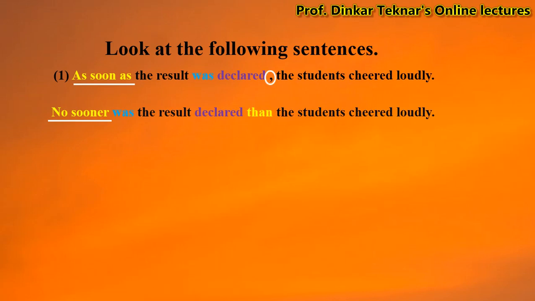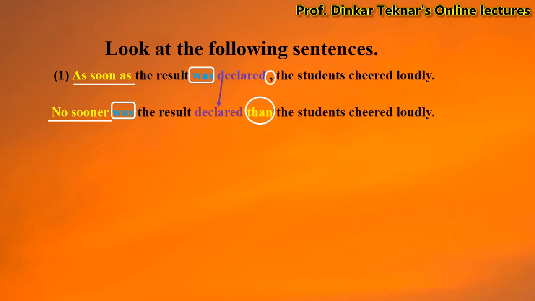Again, the first sentence has a comma to join two clauses, and the comma is replaced by than in the second sentence. The second sentence has was as an auxiliary verb because this was is given in the earlier sentence. So the main verb declared has the same form.